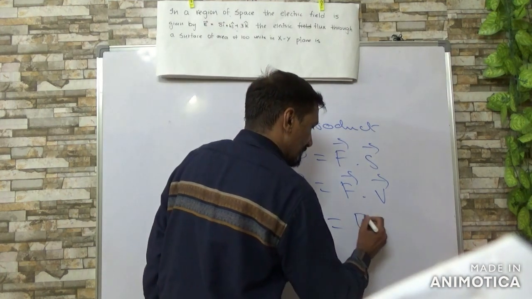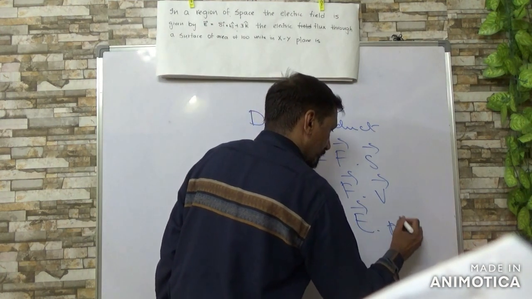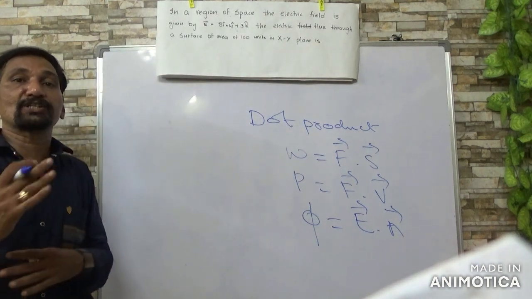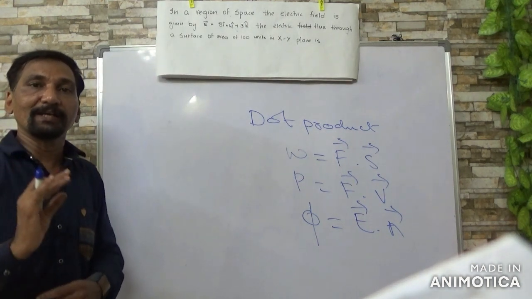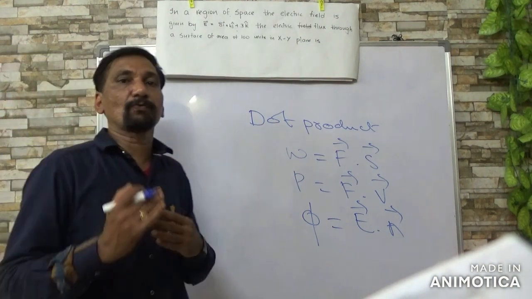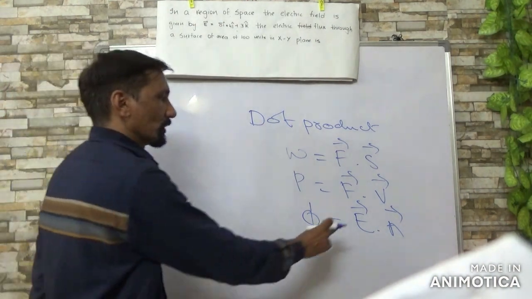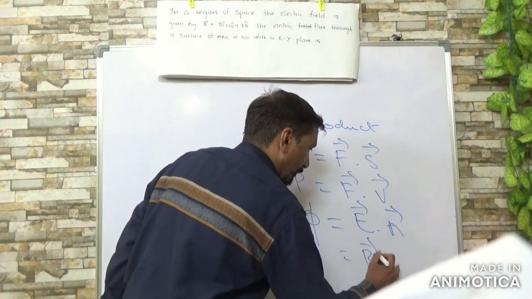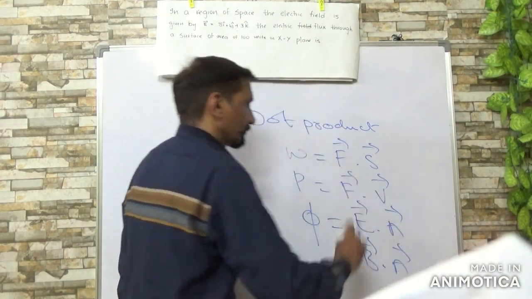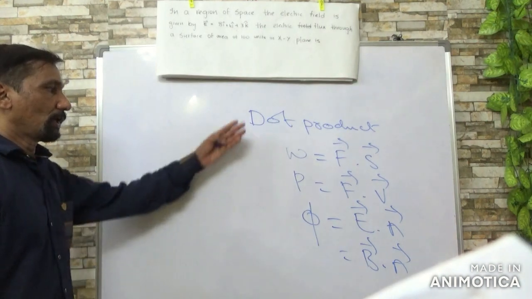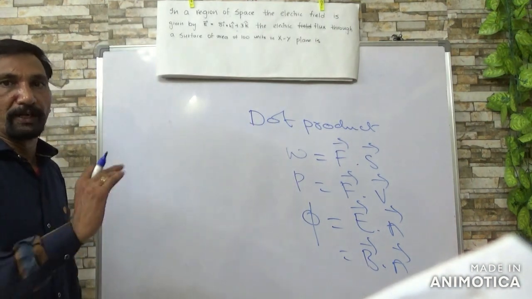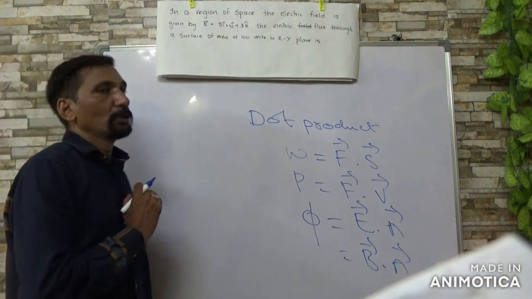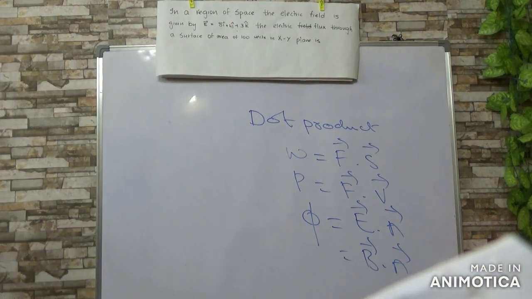Electric flux is E bar dot A bar, where A is the area of cross section, not area. So remember, area is scalar, area of cross section is a vector. So E bar dot A bar, or else you can take B bar dot A bar. Okay, so these are all dot products. Now based on dot also we'll solve one problem now. Okay.